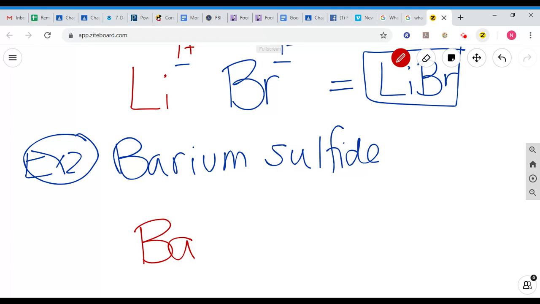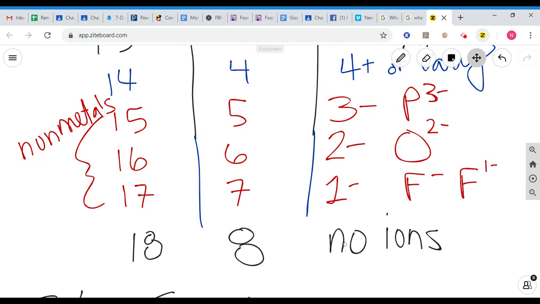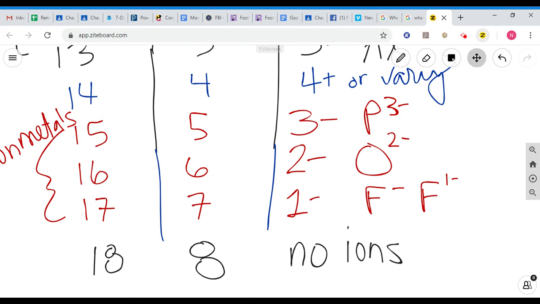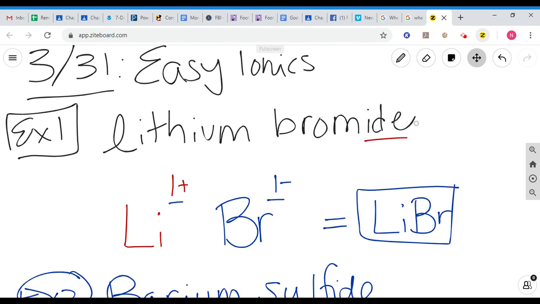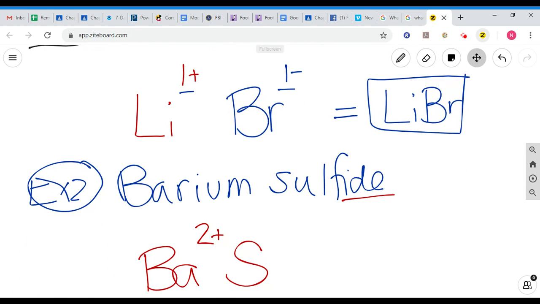It's in group 2, so its charge is 2 plus. Sulfide is really the element sulfur, so sulfur's an S. Now sulfur's in group 16, so its charge isn't a 6. If you look back up at the table, sulfur's charge is in group 16. It's a 2 minus, because what does it need to become stable?